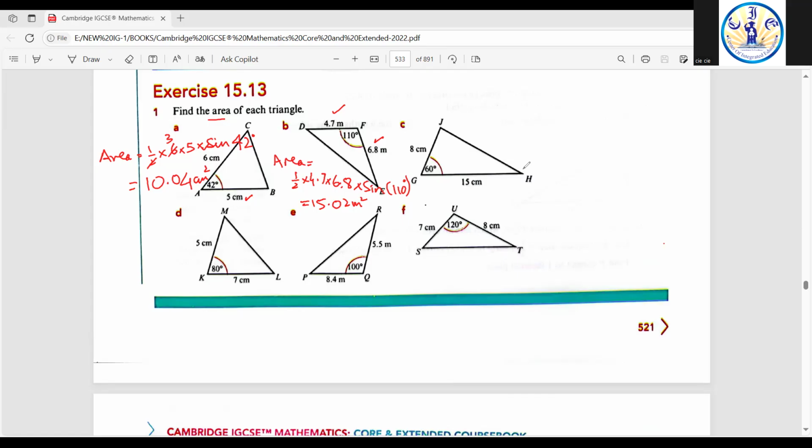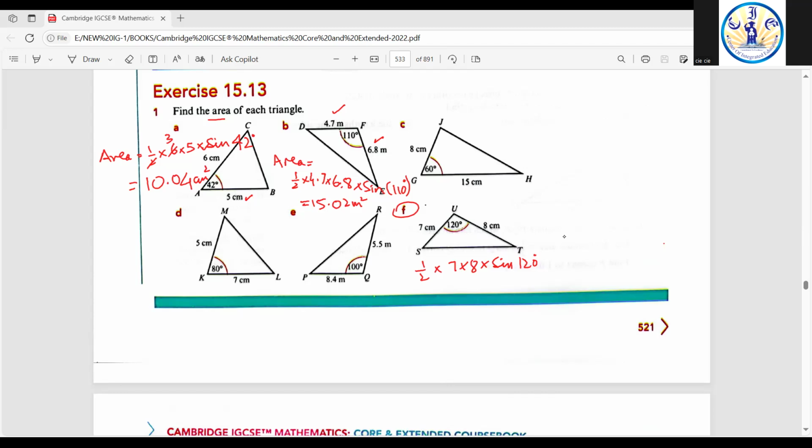Rest of all the parts are alike. Let me do, for example, part F. Half times 7 times 8 times sine of 120 degrees.